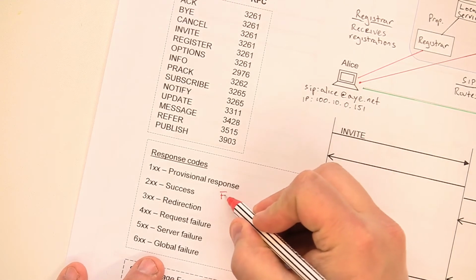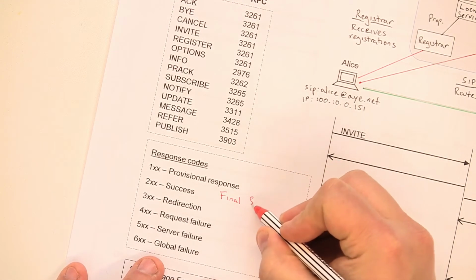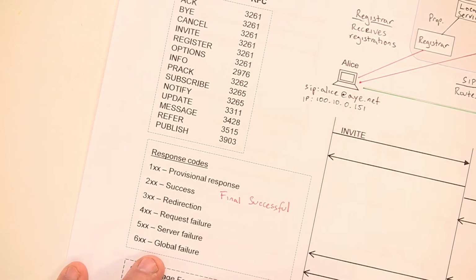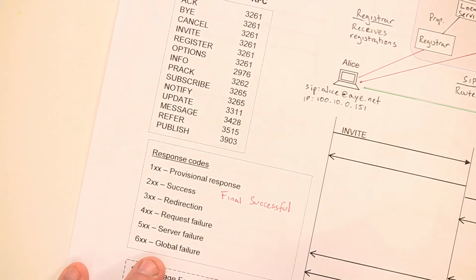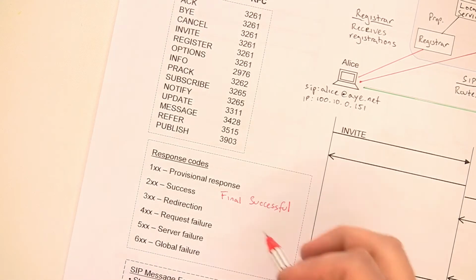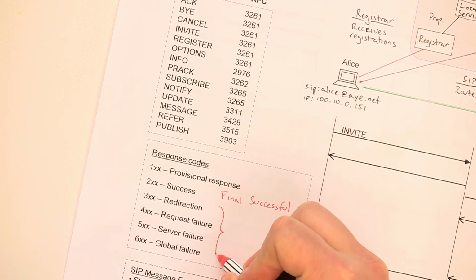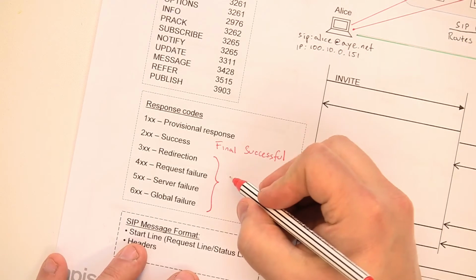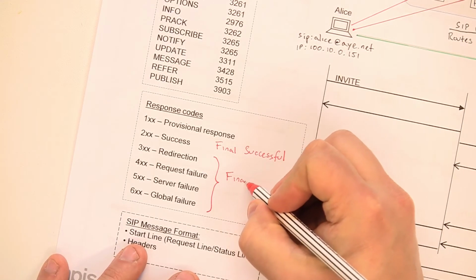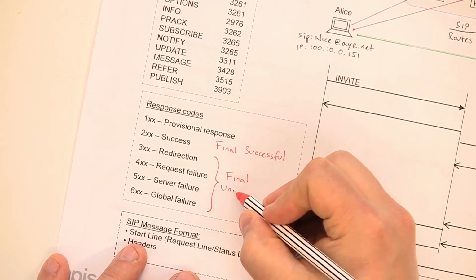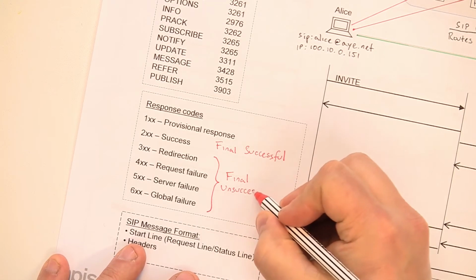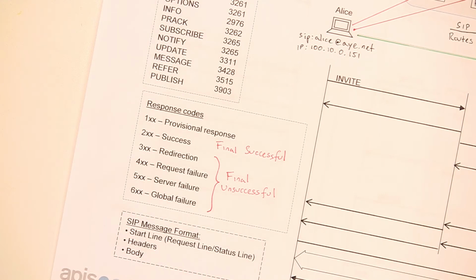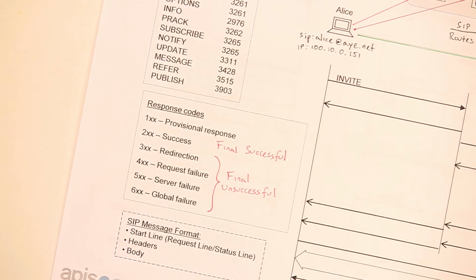I'll just put that in. Final successful, like this. Whereas all the others, put a bracket like this, are final unsuccessful.